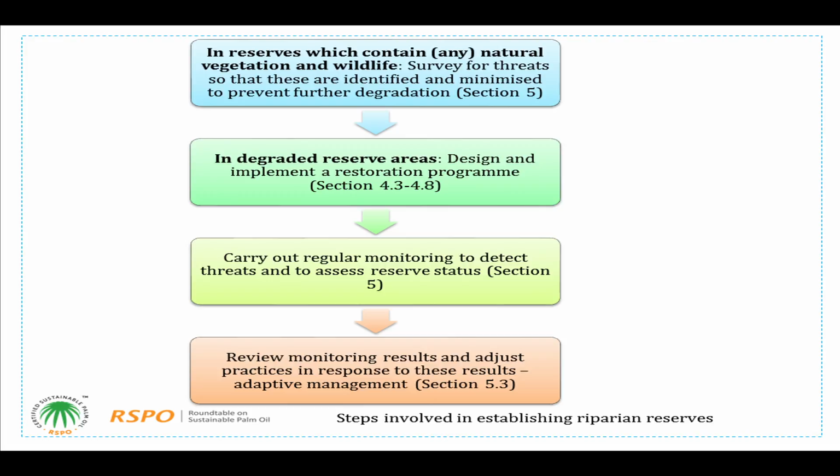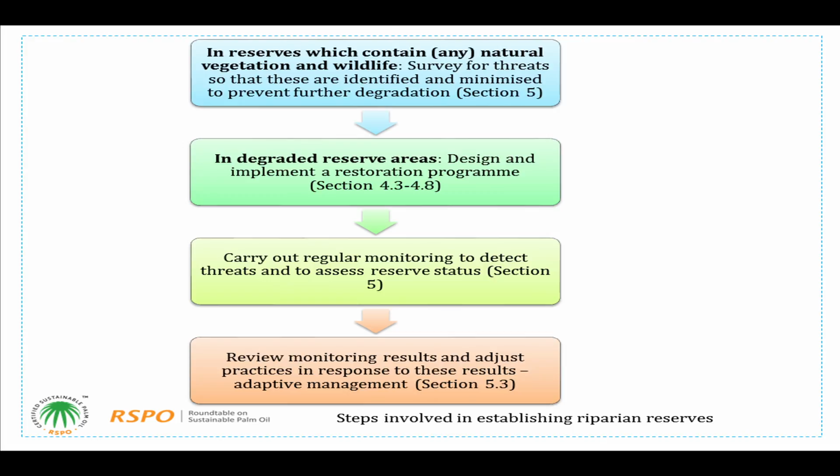And then, if the riparian reserve is established for natural vegetation and wildlife, a survey for threats needs to be undertaken, and threats identified and minimized to prevent further degradation.